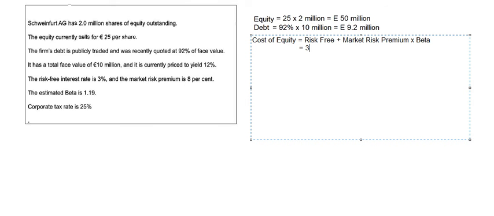So we got 3% plus 8% multiplied with 1.19, and we got 12.52%.